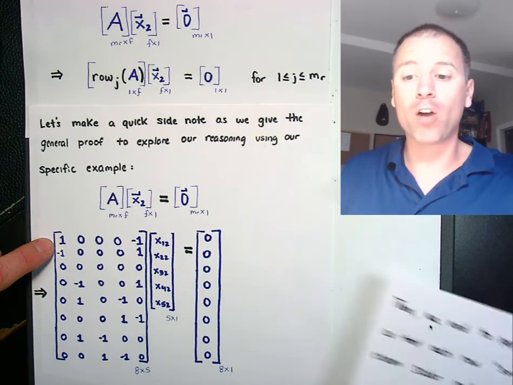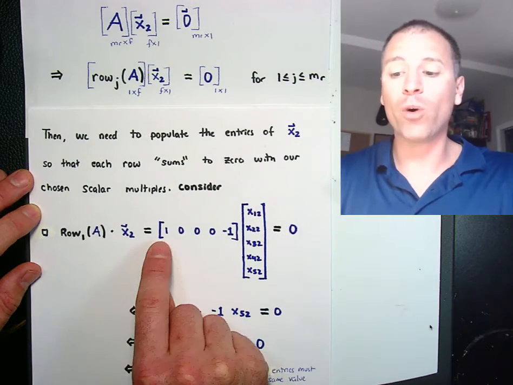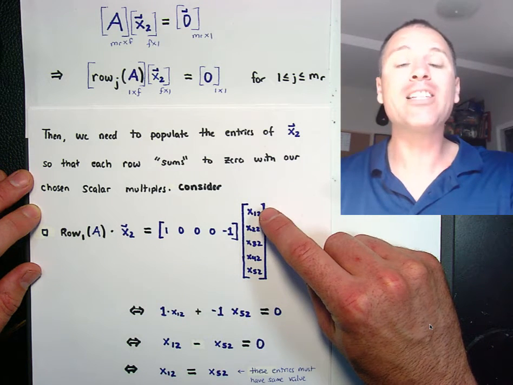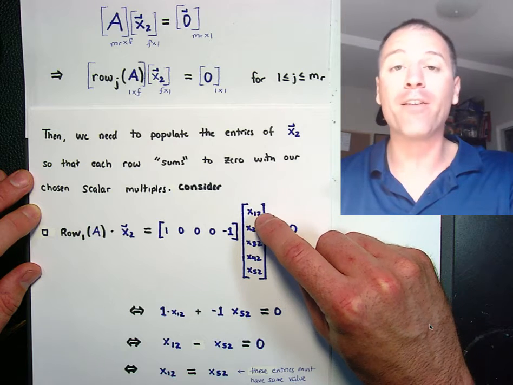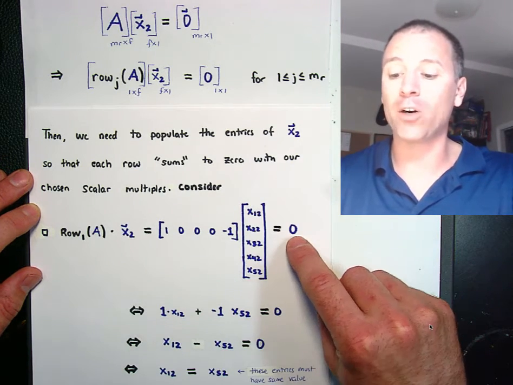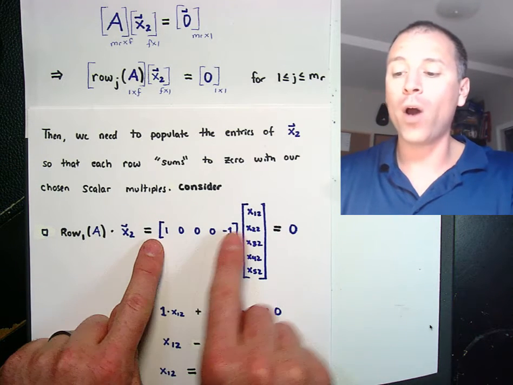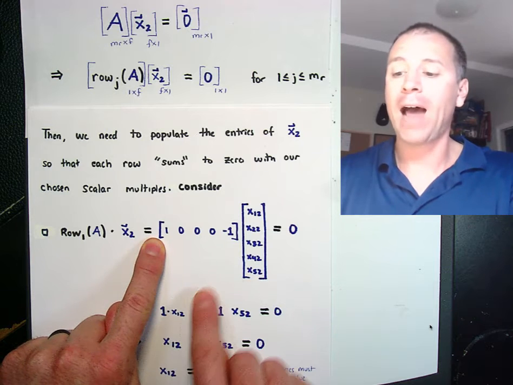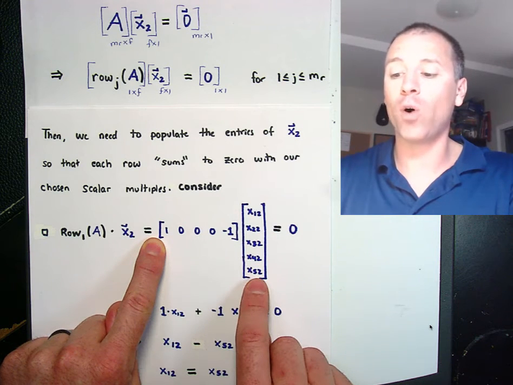Let's go ahead and focus in on row 1. Row 1 of my matrix A was 1, 0, 0, 0, negative 1, and I'm searching for at least one non-zero scalar in the vector x2 such that this row times that vector is the 0 scalar. When I look at that, one of those entries is going to be pulled off with a positive scalar 1, and the other one with a negative 1 scalar.